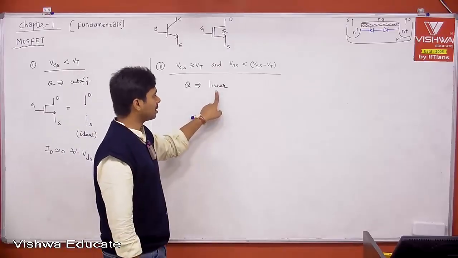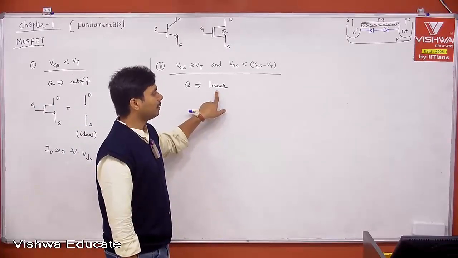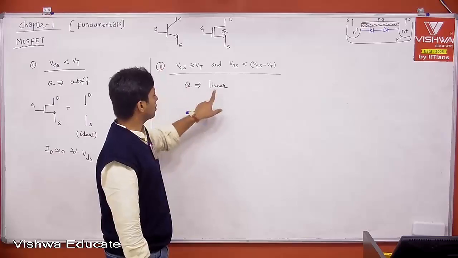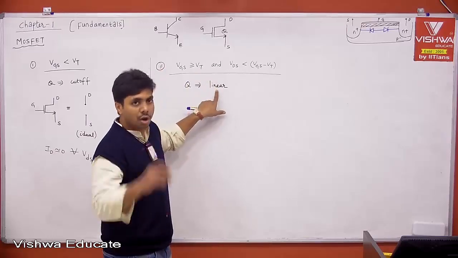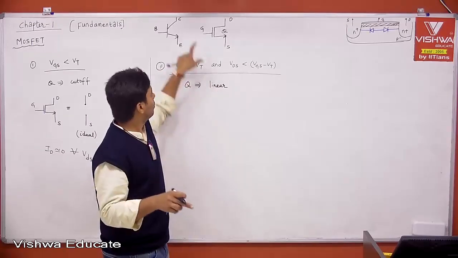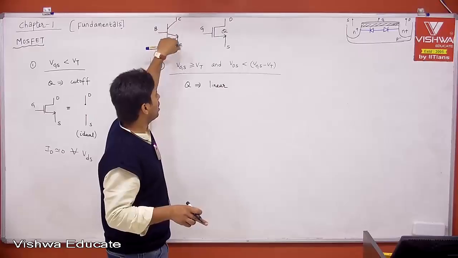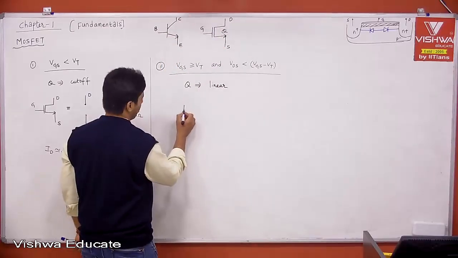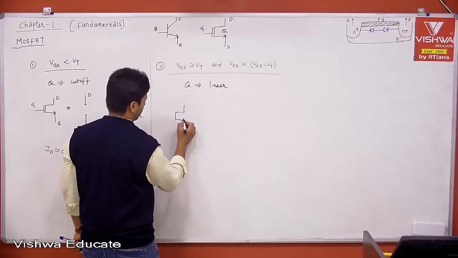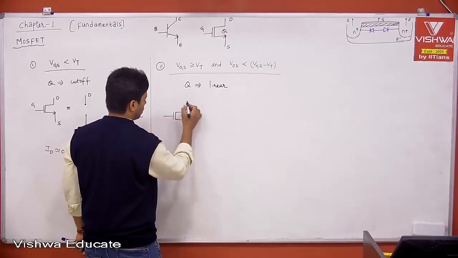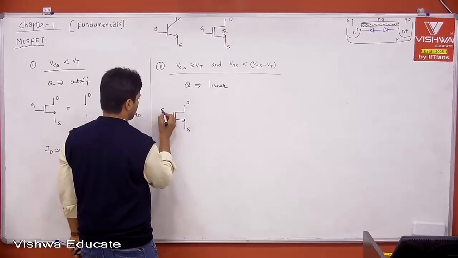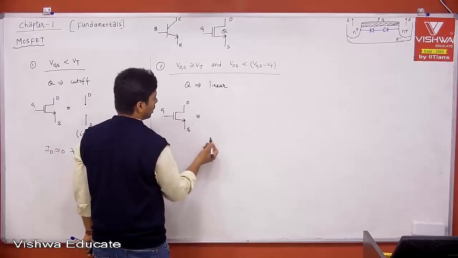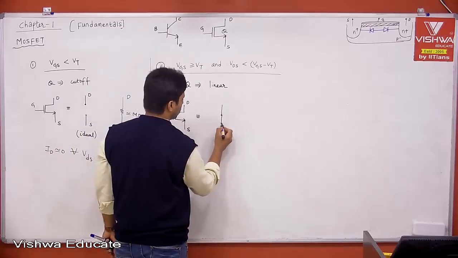Why is it called linear region? In the case of BJT, this is called saturation region, which is on. Your BJT will be acting as a short circuit in the ideal model, but here it is also almost a short circuit. Therefore, the MOSFET, with drain, source, then gate, is ideally a short circuit.